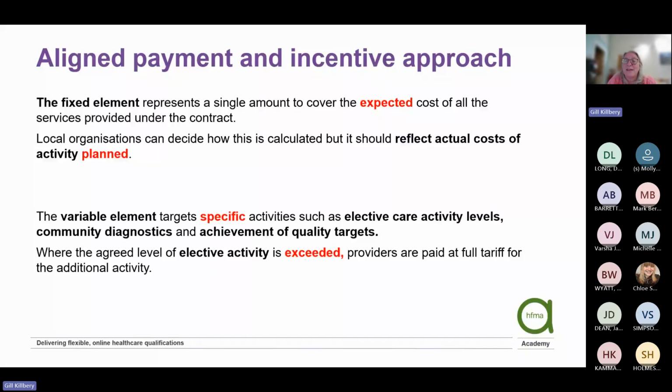They're mainly blocks because of the lack of robustness of activity data, but that is changing. Contracts with the independent sector are all variable. You do have some flexibility in how you calculate a fixed cost, but it's based on national prices where they're available.